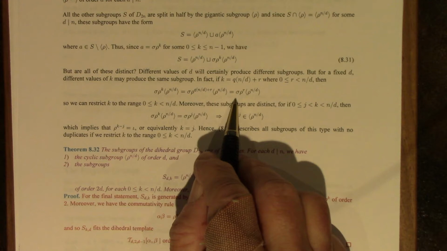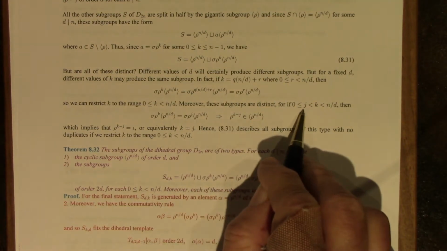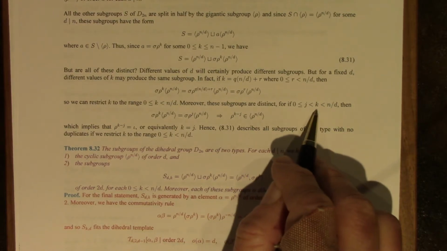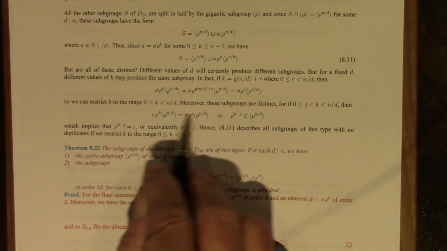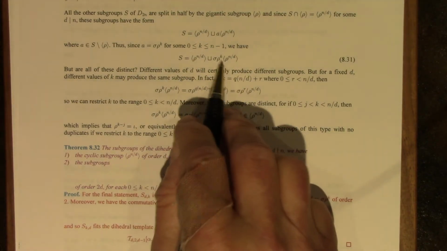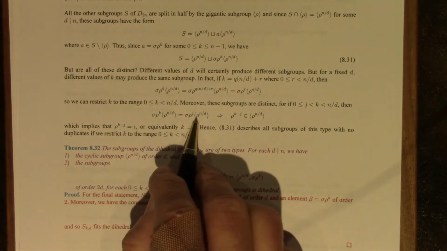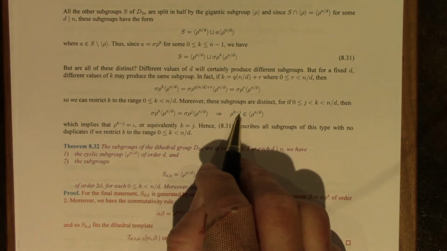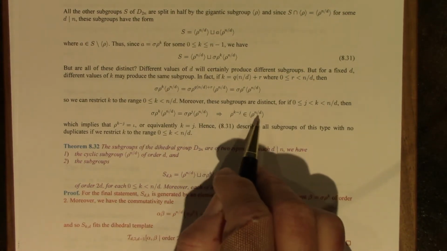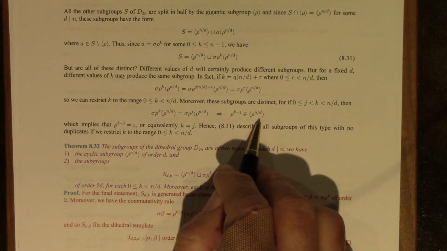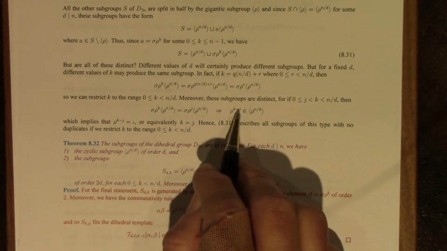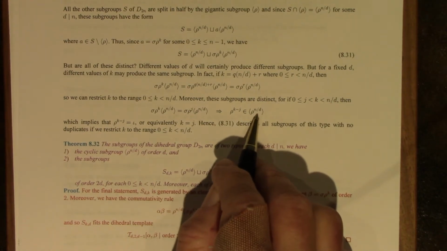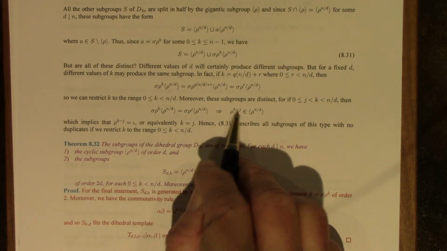Also, these subgroups are distinct. Now, because if j and k are in this range, we can assume j is less than k, and if these two portions of S are the same, that implies that rho to the k minus j belongs to this subgroup. But the problem is this exponent is smaller than n over d, so no multiple of this is going to give us this one.